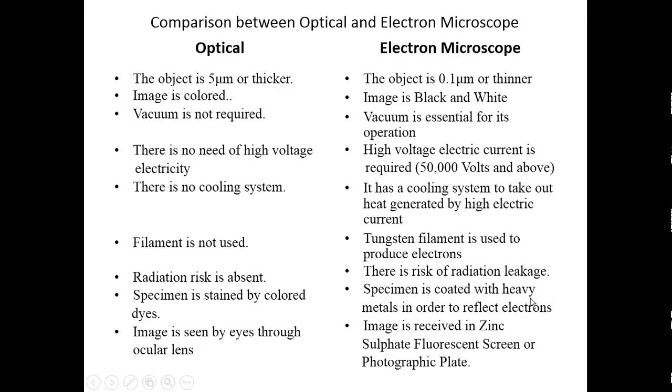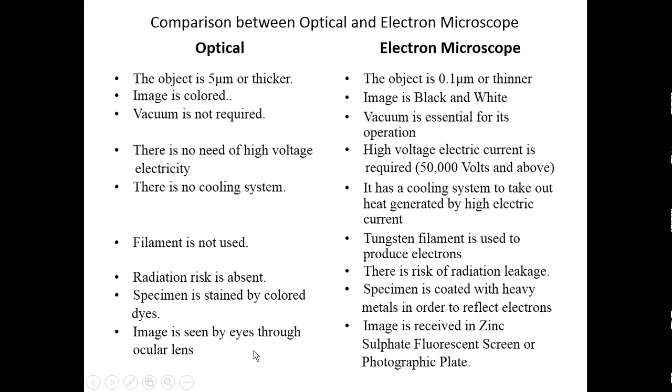Specimen is coated with heavy metals in order to reflect electrons. Okay, so there should not be any static charges on the surface of the material. That is why it is coated with heavy materials like gold, aluminum, molybdenum or platinum.